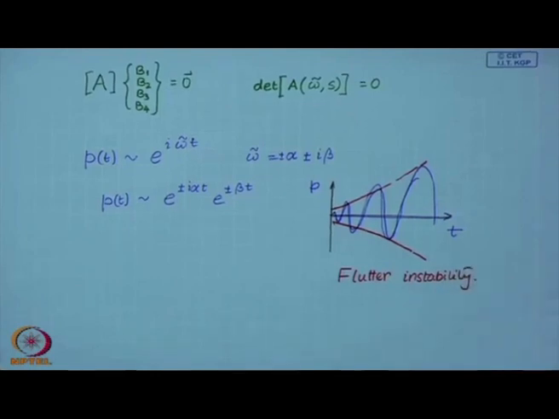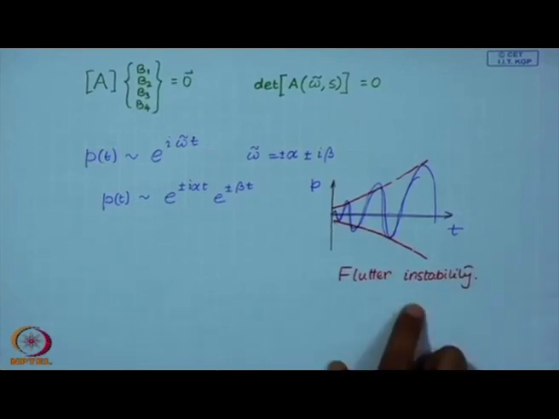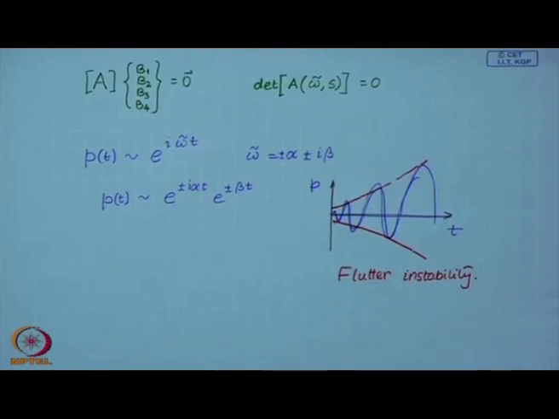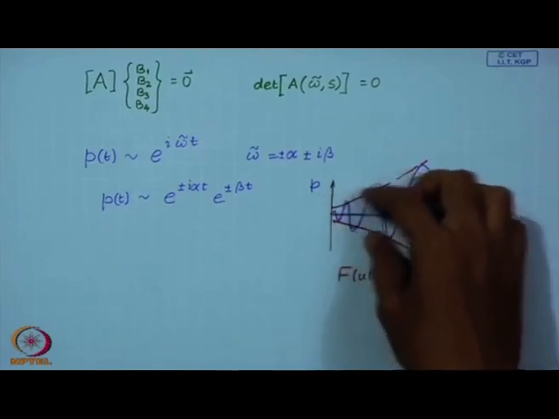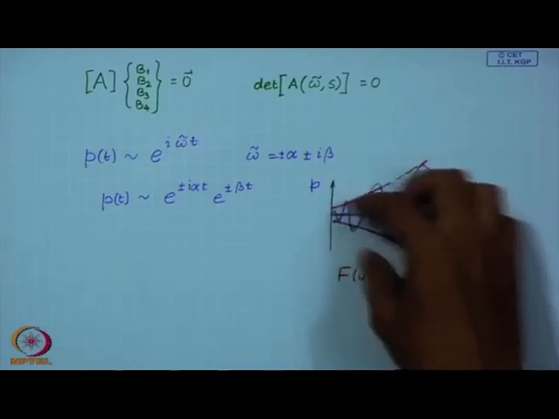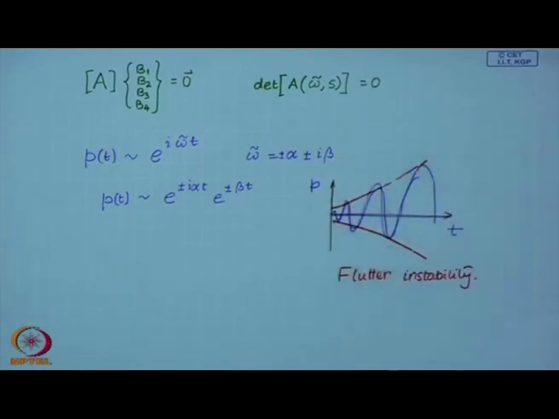And we observe flutter instability in beams with follower force. So, there is a fluctuation with exponentially varying amplitude. To summarize what we have discussed today, we have looked at the dynamics of beams with normal axial force and follower force. With that we conclude this lecture.